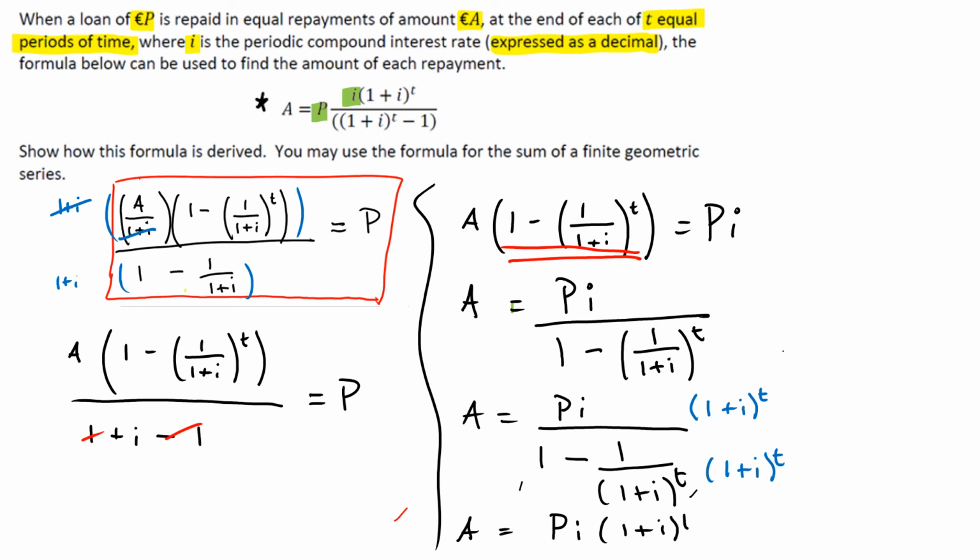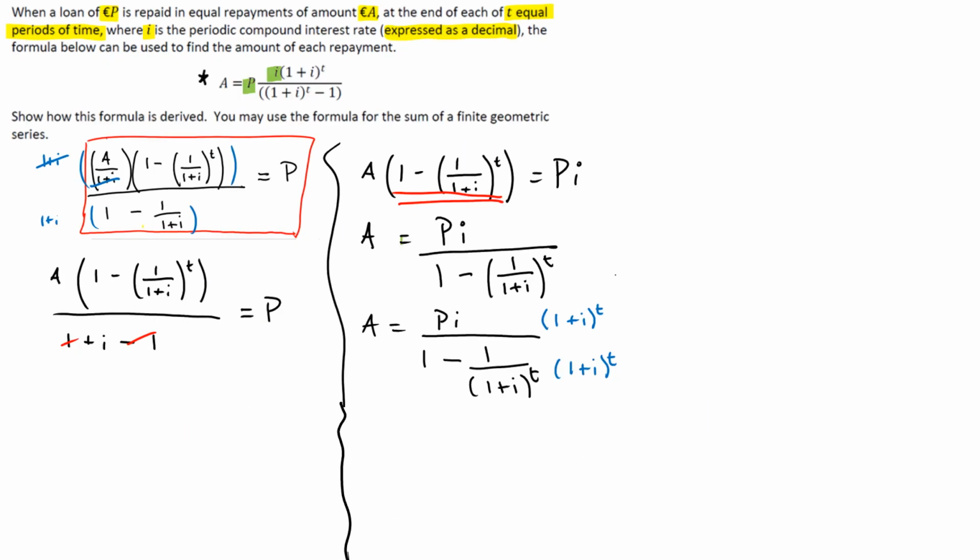And what we end up with here is a equals P i times 1 plus i to the power of t, and on the bottom we end up with, I don't have much space for my bottom line, so I'm going to give a little bit more space here so we can actually see what's going on. We have a equals P i times 1 plus i to the power of t.